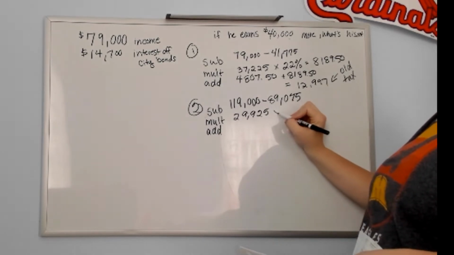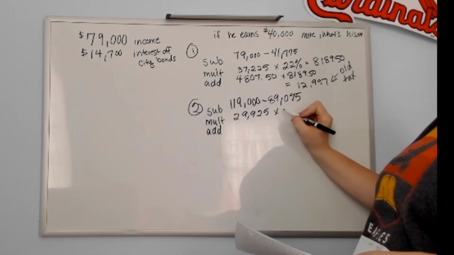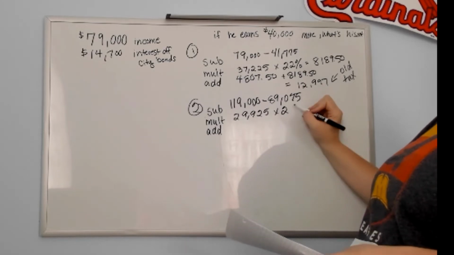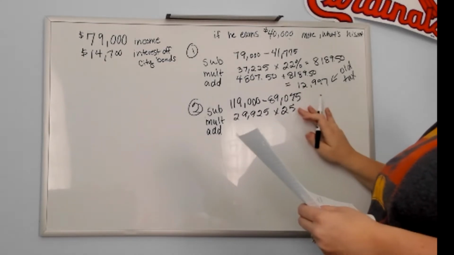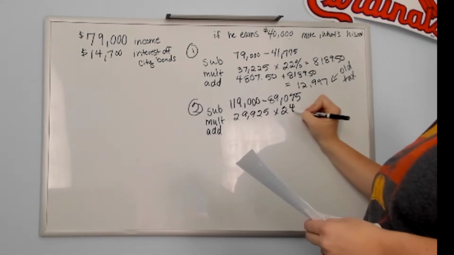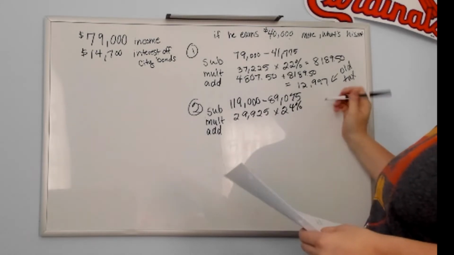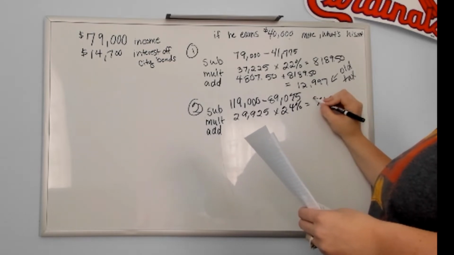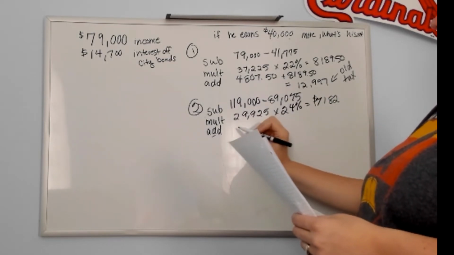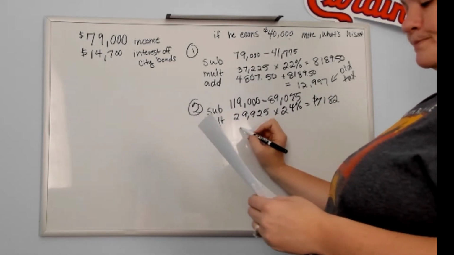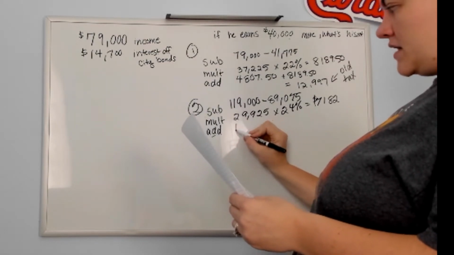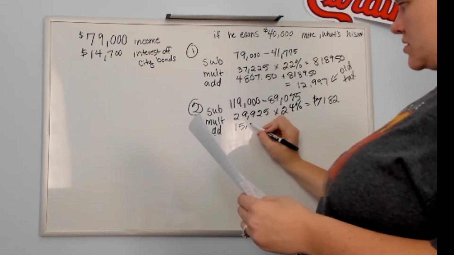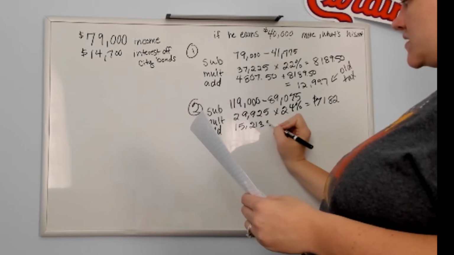That's going to give us $29,925. We're going to use the tax rate of 24%, which is going to give us $7,182. Coming down to your adding, we're going to use $15,213.50.